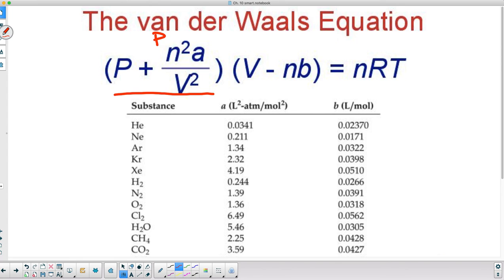The V term has to be adjusted because of a volume issue with the interactions between the molecules. So all of these things that you see for the a and for the b have to be accounted for when we have the van der Waals equation. Turns out the difference between the ideal gas law equation and the van der Waals equation under normal circumstances are very, very close, which is why we use PV equals nRT and not this mess.